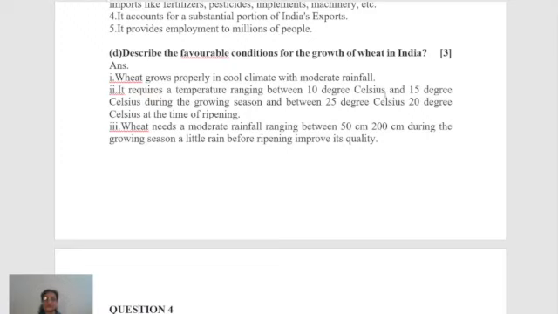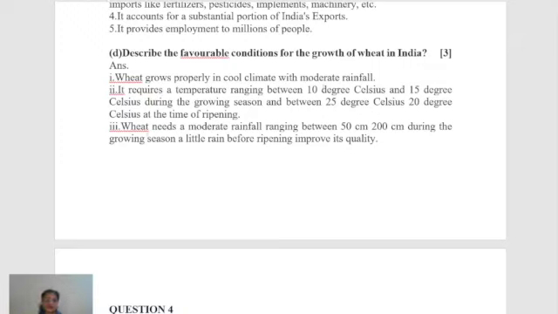If we take just the northern plains, during the growing season it needs a temperature between 10 to 15 degrees, and between 20 to 25 degrees centigrade is best when it is going to be harvested. So for ripening it needs a little higher temperature. This is the temperature condition required by wheat.